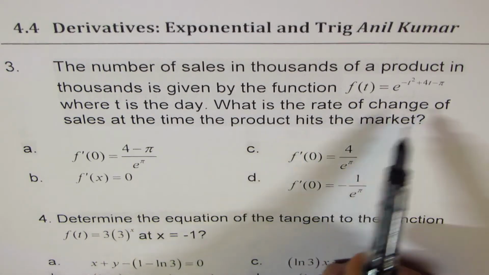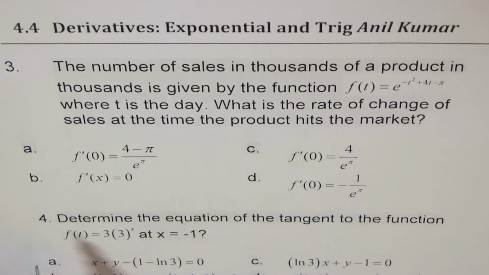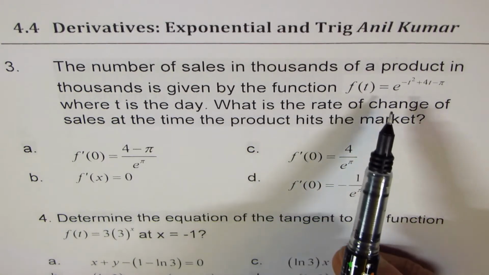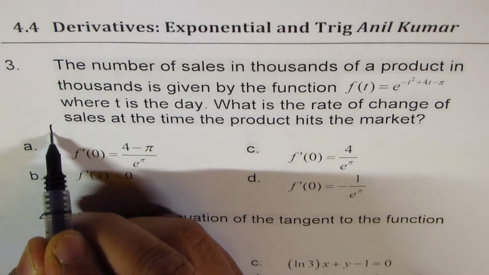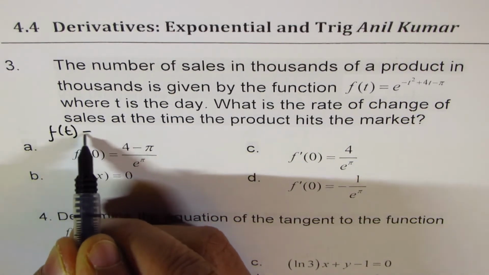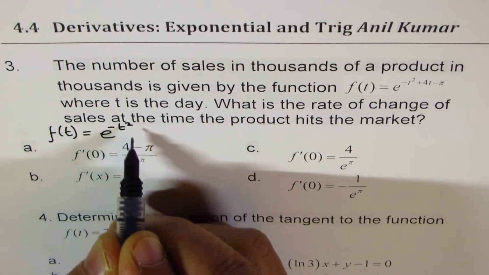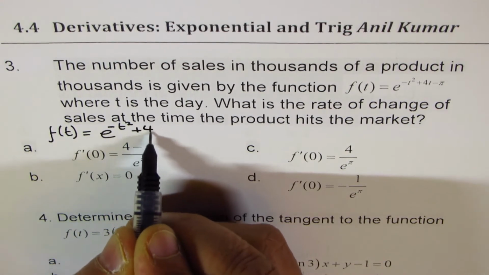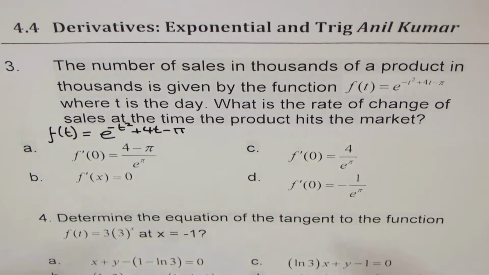What is the rate of change of the sales at the time the product hits the market? So we need to find the rate of change of the function. Let me rewrite this function a little bigger. f of t is e to the power of minus t square plus 4t minus pi. All this is in the exponent.